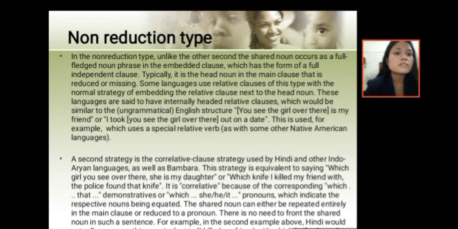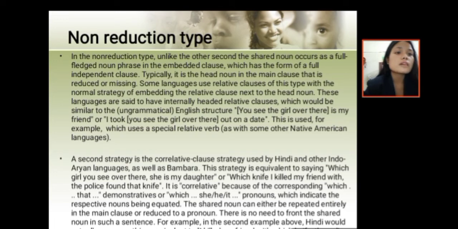She is my doctor, or which knife I call my friend, the police found that knife. It's correlative because of the corresponding which, that, demonstrative or which, she, he, pronouns, which indicate the respective nouns being equated.